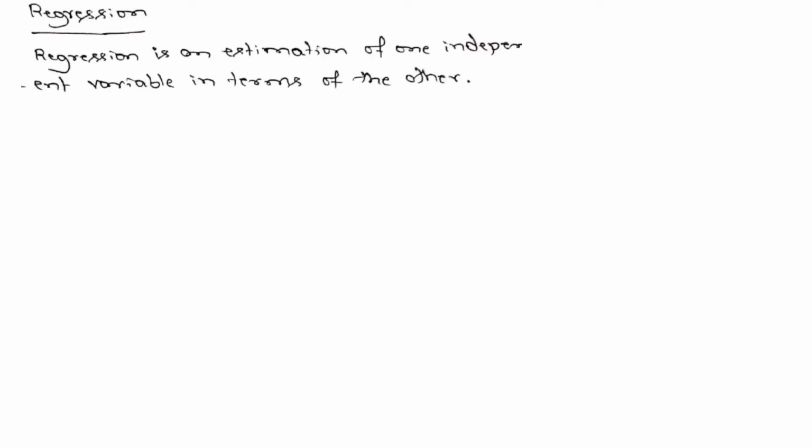Now let us see regression. Regression is an estimation of one independent variable in terms of the other.